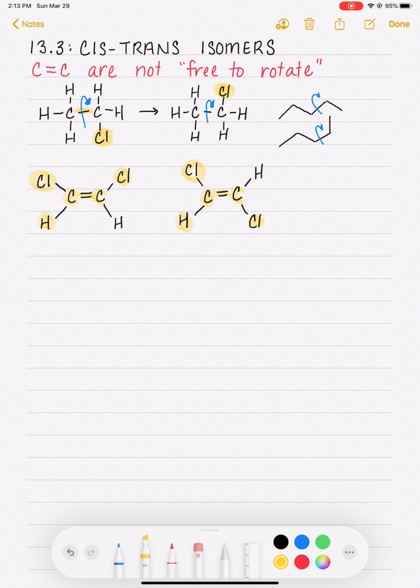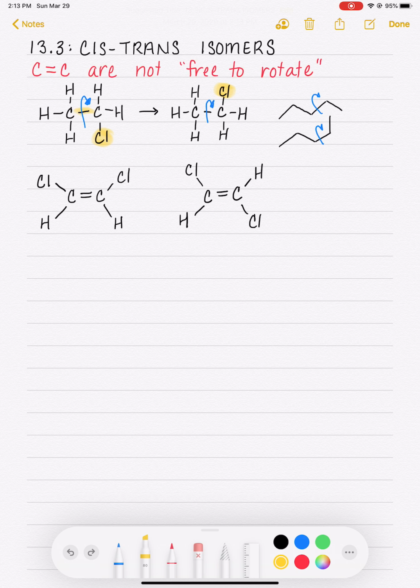So they have the exact same connectivity, the exact same number of atoms, and the exact same arrangement of atoms. They are only different in terms of the orientation or the shape of atoms with respect to the double bond.